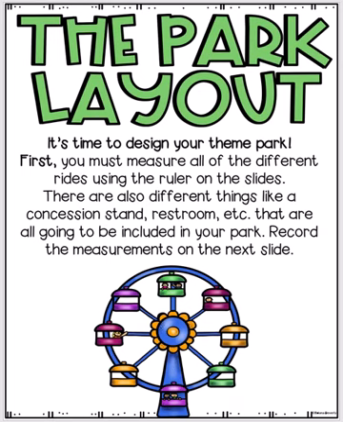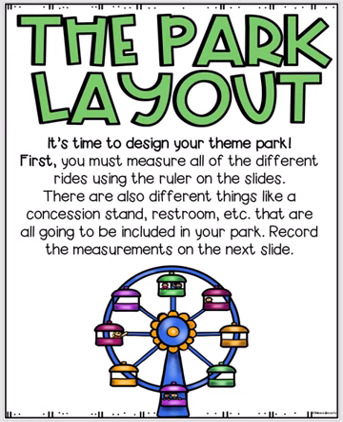Okay, now that you've chosen your rides, you're going to do your park layout. It's time to design your theme park. First, you have to measure all the different rides using the ruler, then given the measurements you'll be shown on the video screen.